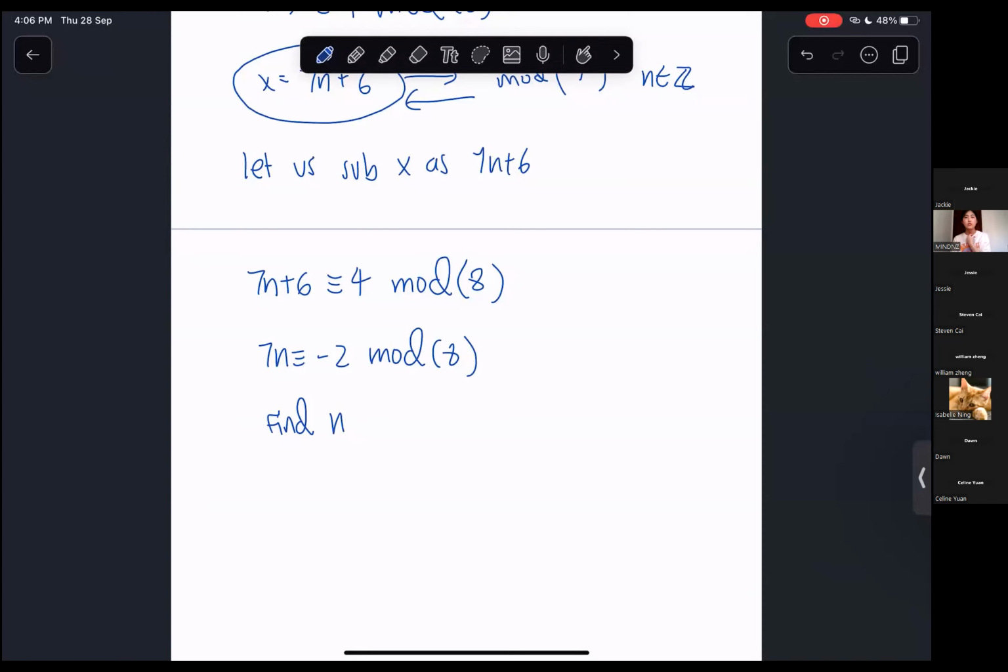So n with a coefficient of 1, what's a good number we could multiply by? Okay, so yes. Isabel has a really good idea of multiplying by 7.